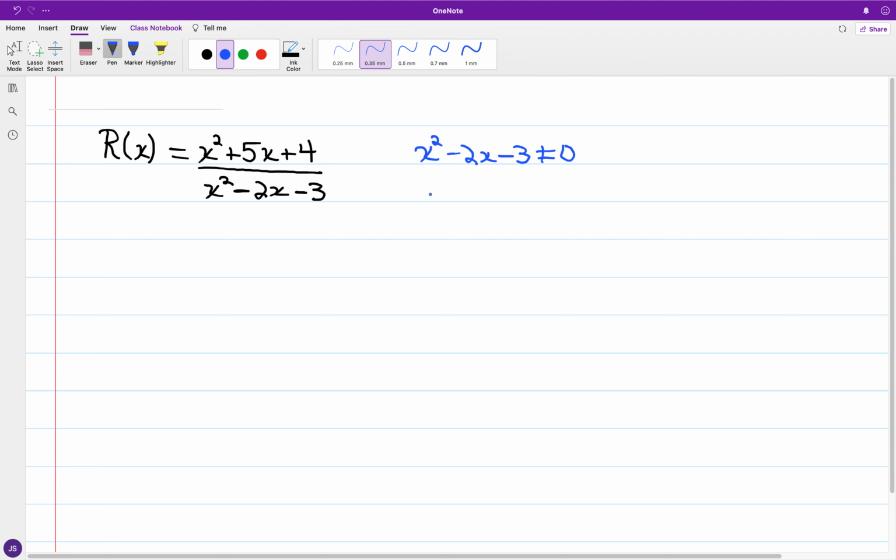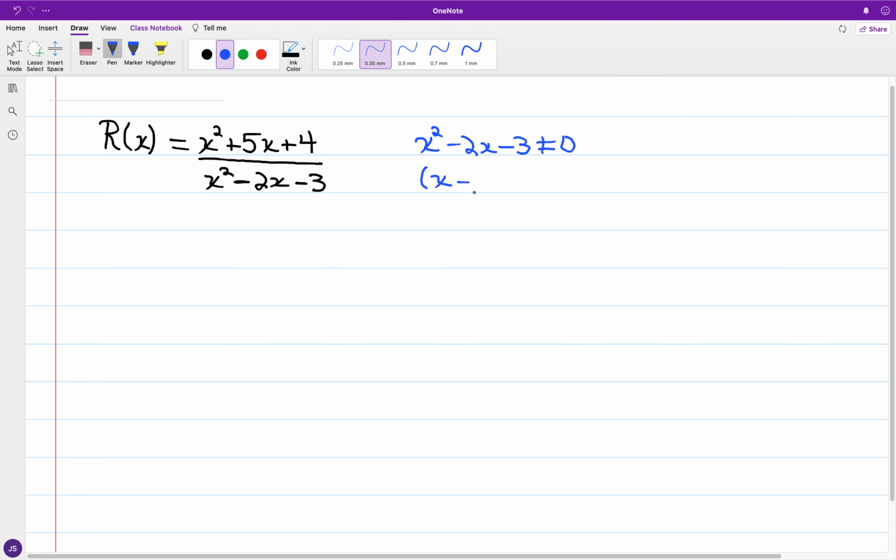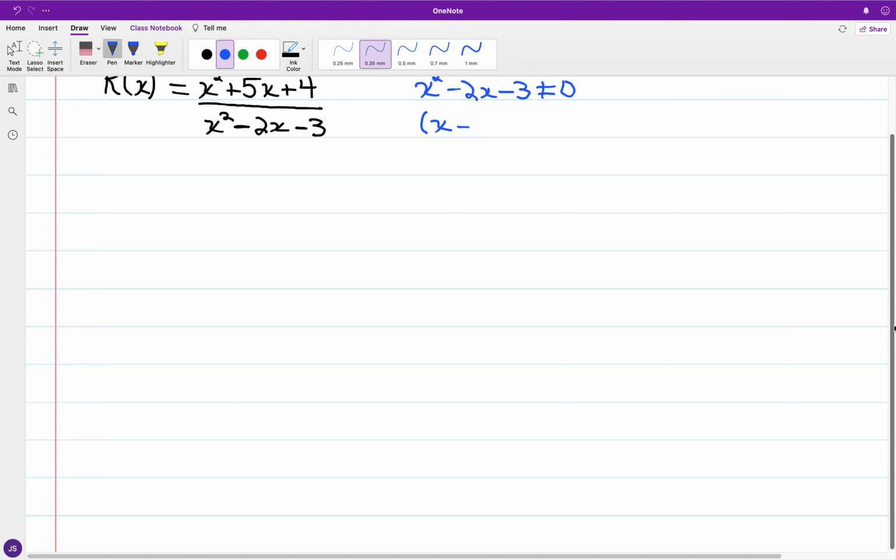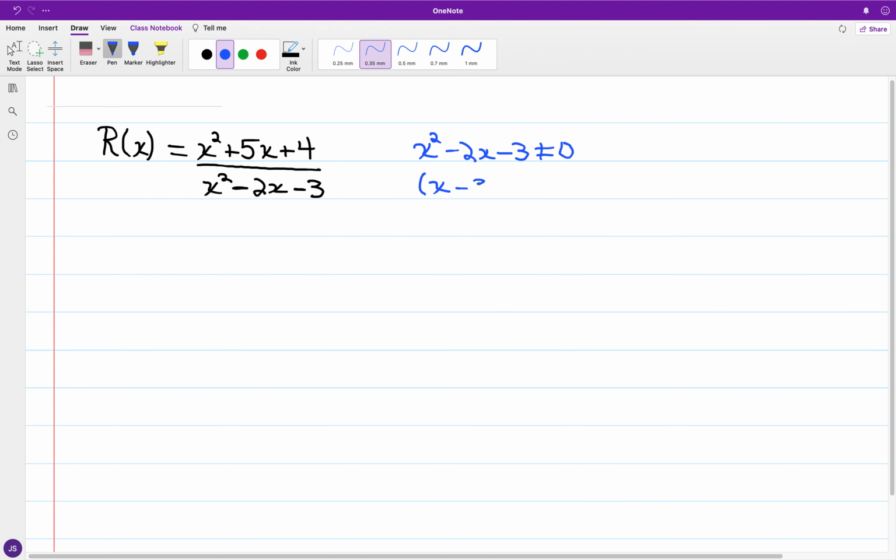So if x squared minus 2x minus 3 cannot be equal to 0, then the factors of the expression cannot be 0 either.